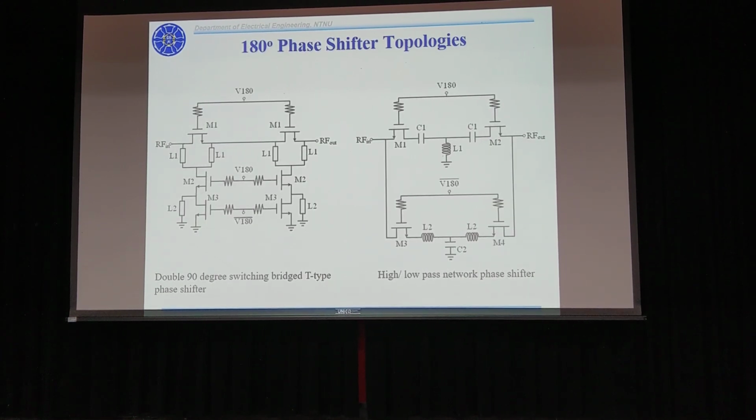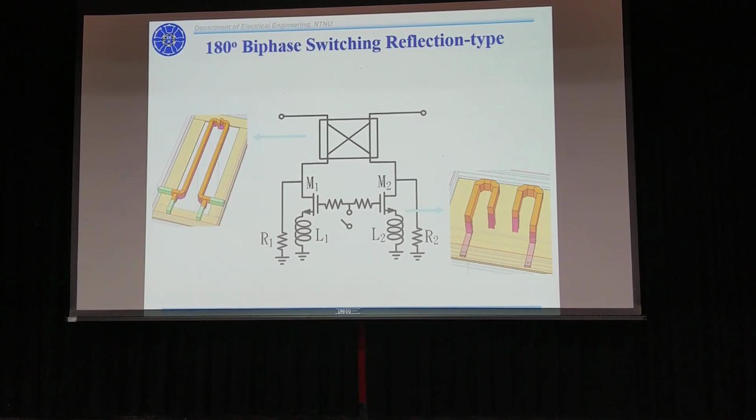There are 3 types of 180-degree phase shift bit: double 90-degree switching bridge T-type, high-pass low-pass network, and also the biphase switching reflection type. This bit is composed of a coupler and sent to a variable reflection load. It can change the variable reflection load impedance by selecting the transistor's bias to achieve the phase shift.